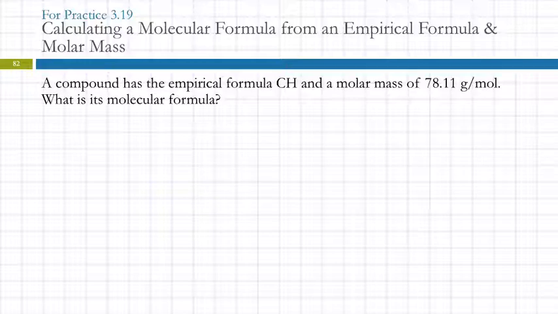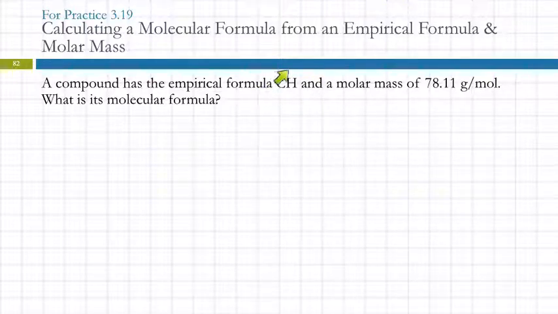So here we have a compound that has the empirical formula CH and a molar mass of 78.11 grams per mole, and we're asked to find its molecular formula. On worksheets, they'll give you percentages, make you calculate the empirical formula, and then make you calculate the molecular formula. This one's a shorter one.